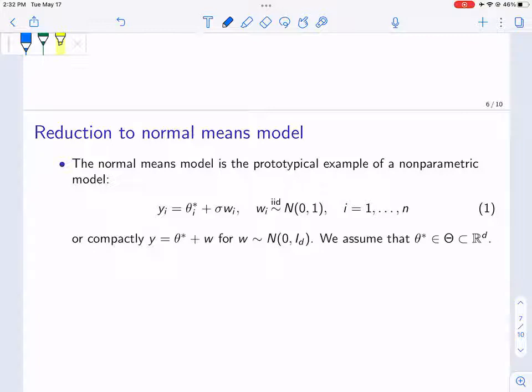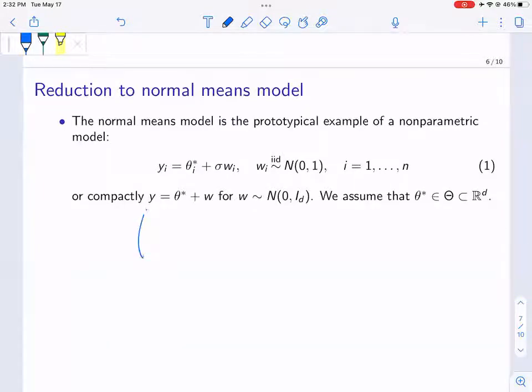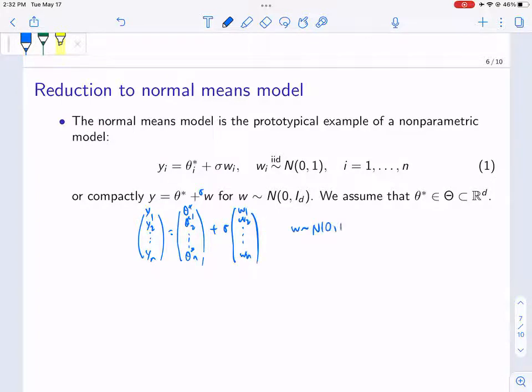So you can compactly write this as a vector y equals vector theta plus sigma times w1, w2, ..., wn, where w is normal with mean 0 and identity covariance matrix.